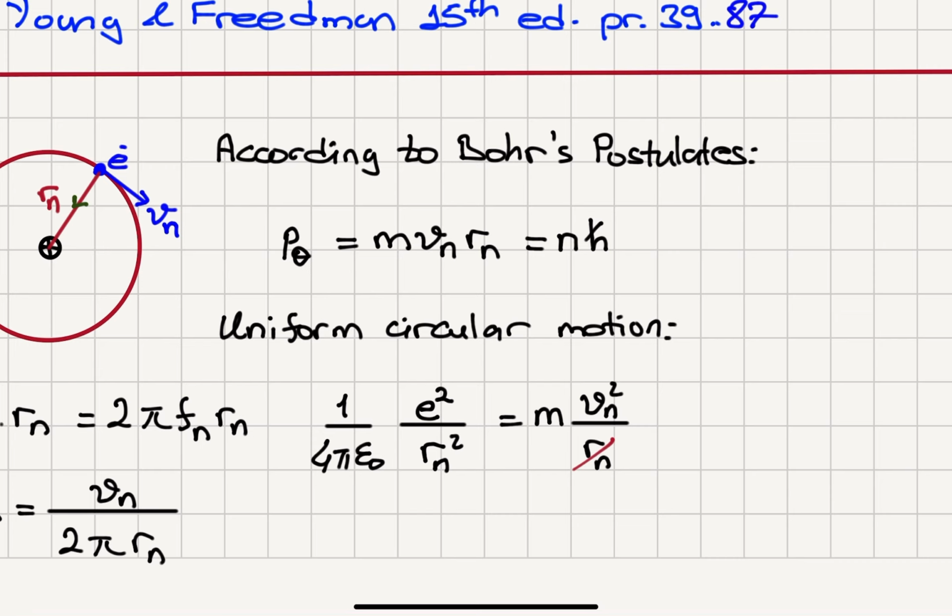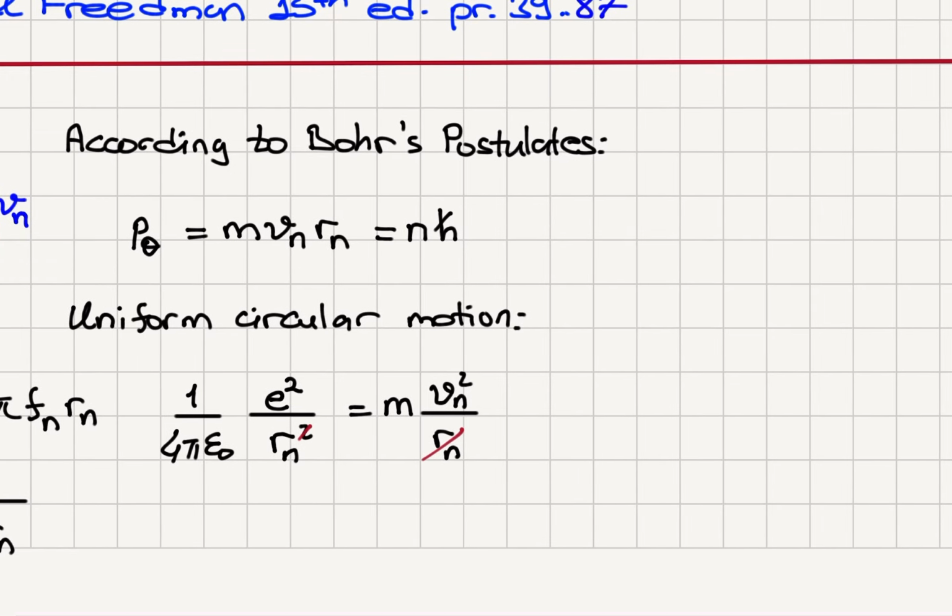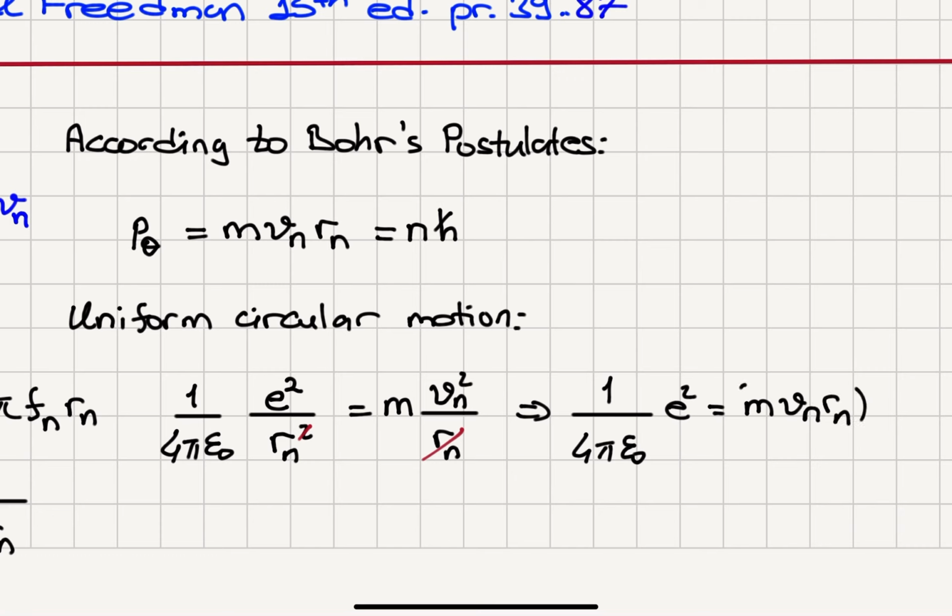The radius of the orbit cancels one of the r's on the left, and we are left with 1 over 4 pi epsilon 0 e squared equal to mvr, which is the angular momentum, multiplied by v.